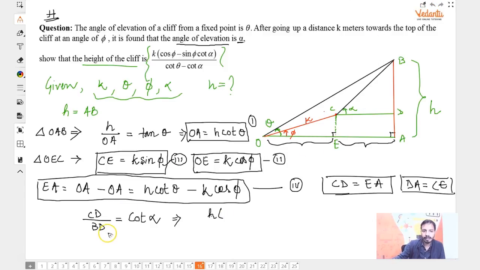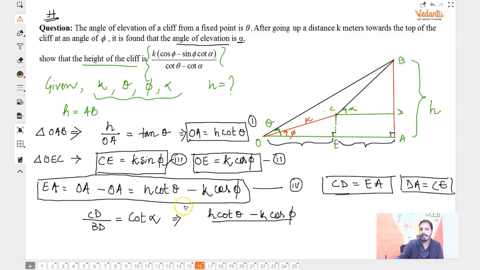So I have written this in terms of cot because I am seeing a lot of cot. I am not seeing tan. Right? So see here, everything is cot and cos. So I have written this in terms of cot. Okay? If you have question in mind. So cot alpha, what is CD? CD is equal to EA. So in place of this, I can write EA is equal to H cot theta minus K cos phi, and this divided by BD.